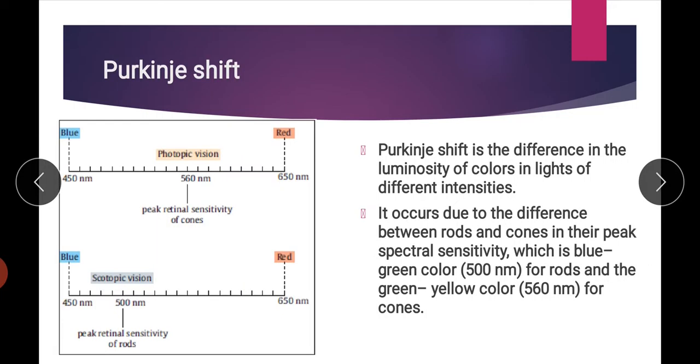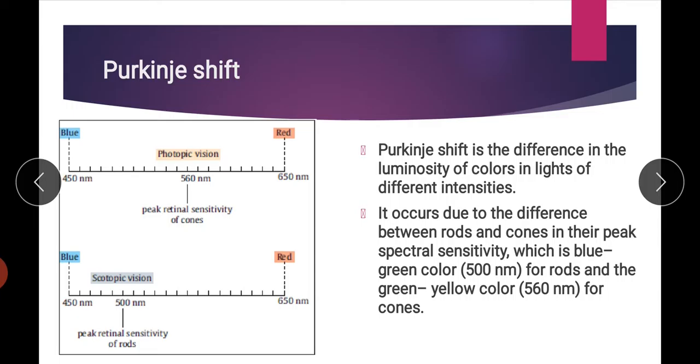Now another similar Purkinje term is the Purkinje shift. This may be asked sometimes in the viva or in the form of a short note. So what is the Purkinje shift? The Purkinje shift is the difference in the luminosity of color in lights of different intensity. We have already discussed that there are two types of vision.